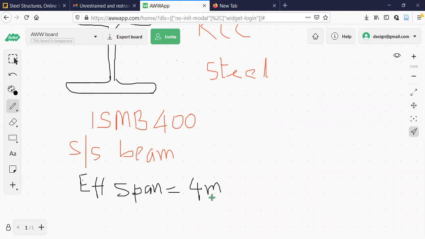It is a restrained beam. Remember, a restrained beam is easy, unrestrained is tough. So unrestrained is given for PG, restrained is given for UG. It is also called laterally supported, as against laterally unsupported.